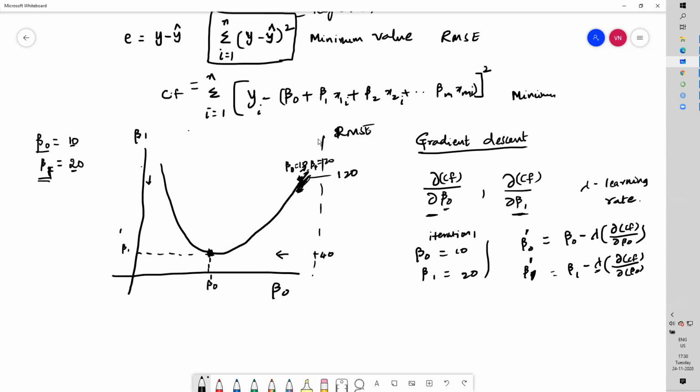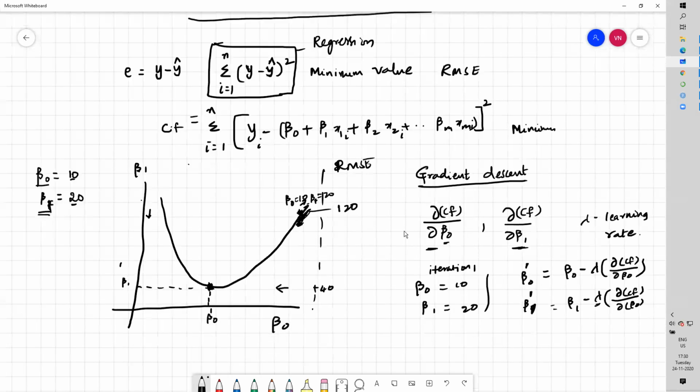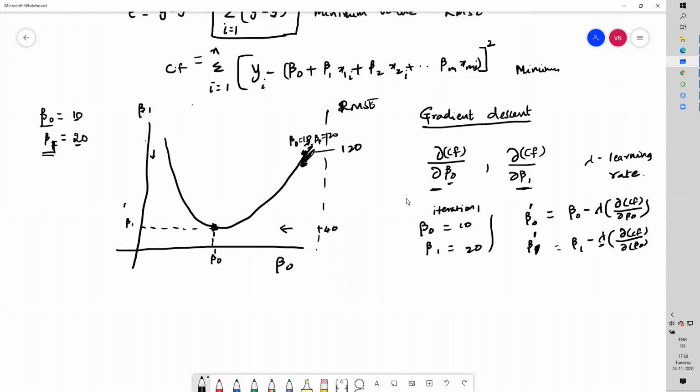Now we would go iteration over iteration, iteration over iteration, until we find this minimal point. The moment we find this minimal point, we will stop there.